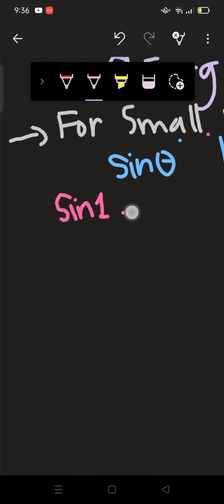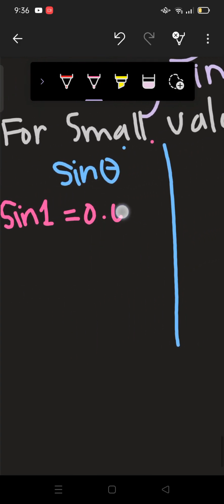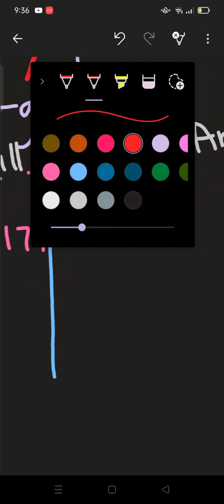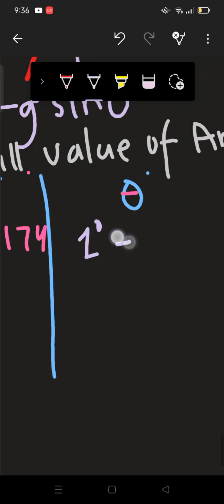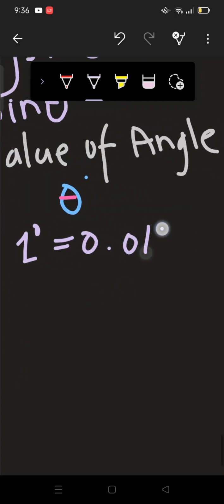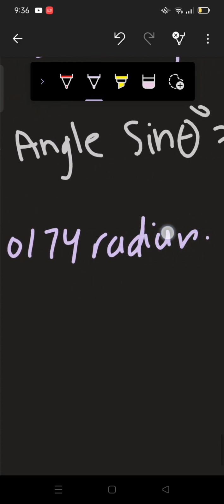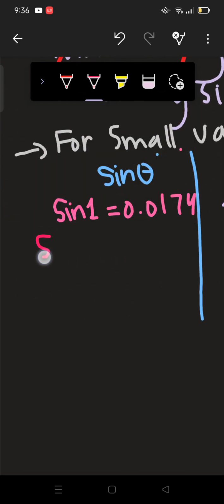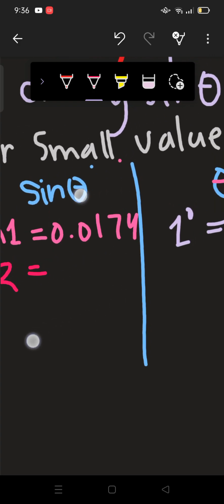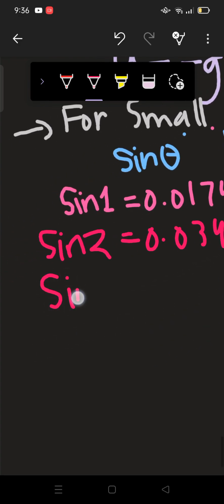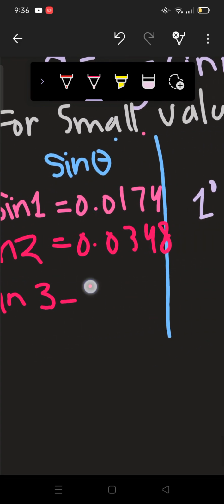So sine 1 degree is approximately equal to 0.0174, and 1 degree is equal to 0.0174 radian. This we already know. Secondly, sine 2 degree is equal to 0.0348, and sine 3 degree is equal to 0.087.